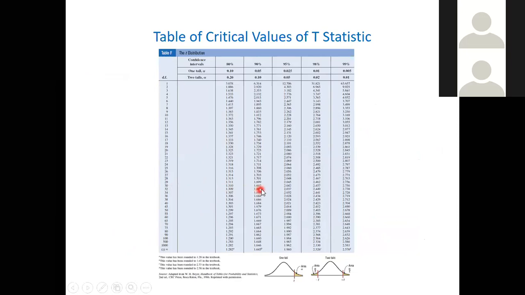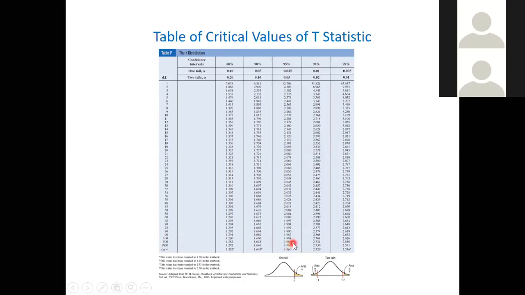Look at the 95% confidence level. Under degrees of freedom 30, the t value is 2.041. It's close to 1.96. Can you see? Once it goes further, when it is 100, it's 1.98.